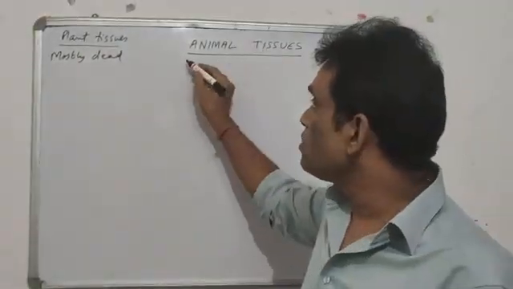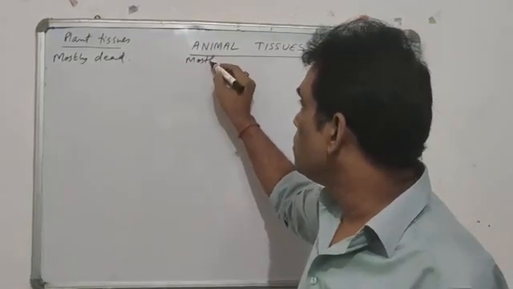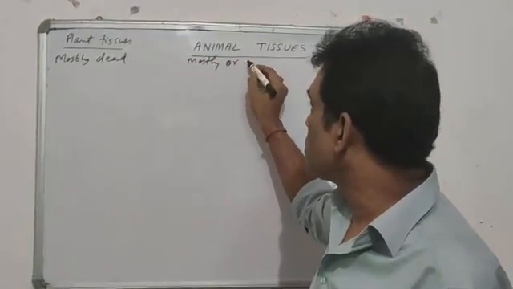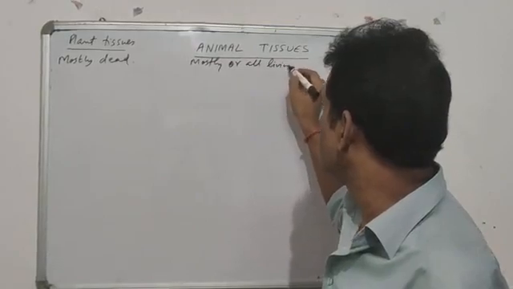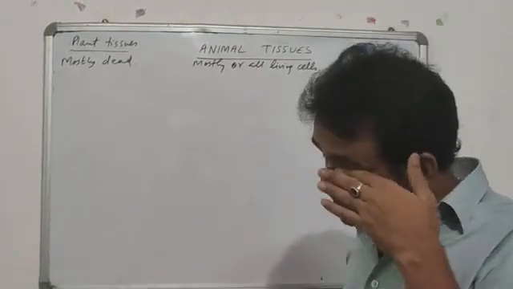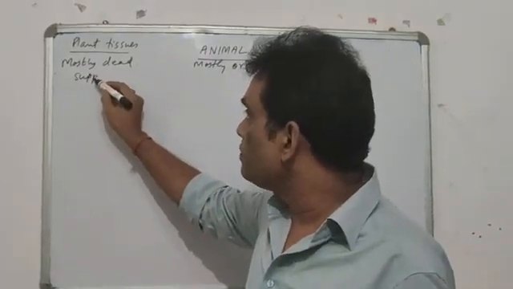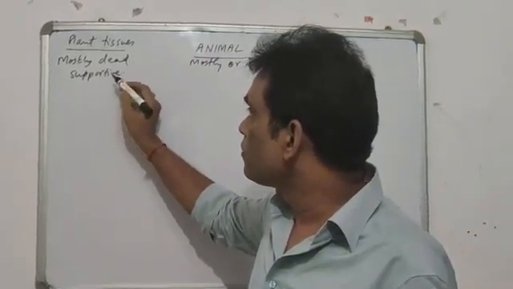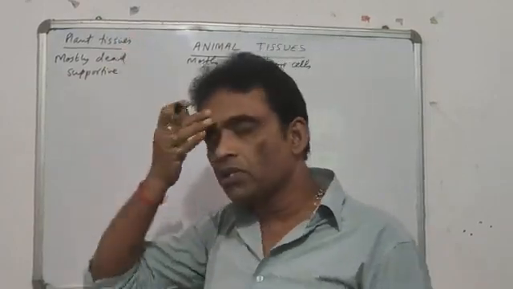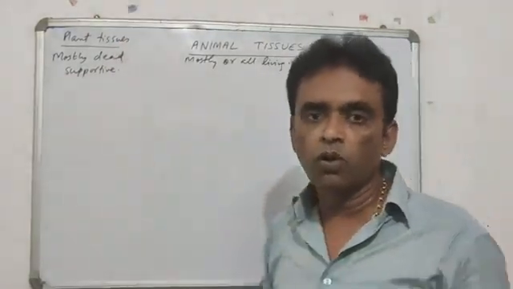But animal tissues are mostly, or you can say all, living cells. Dead cells are removed from the body. They are supportive in function. Almost all the plant tissues provide support to the whole plant.